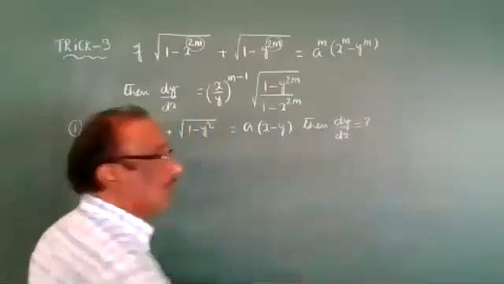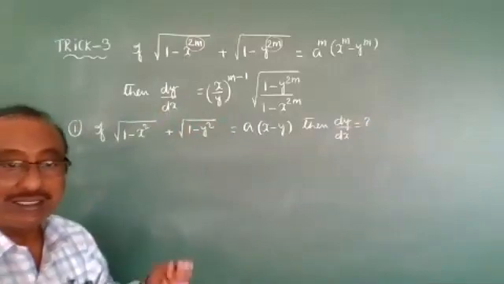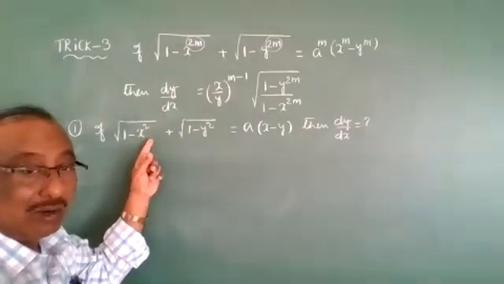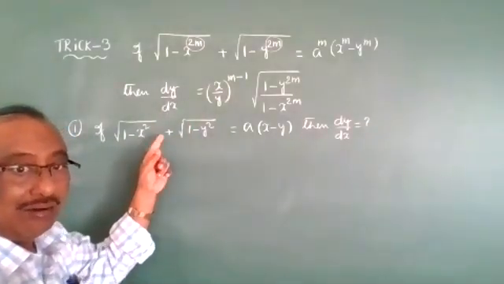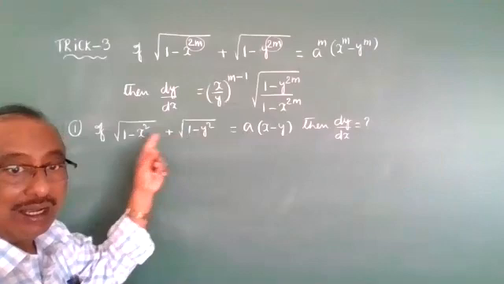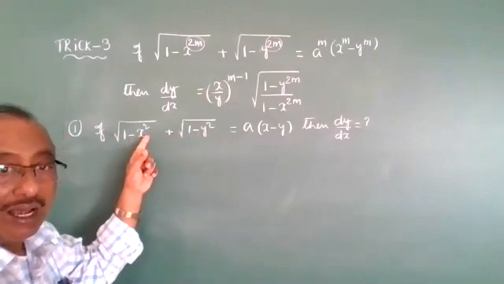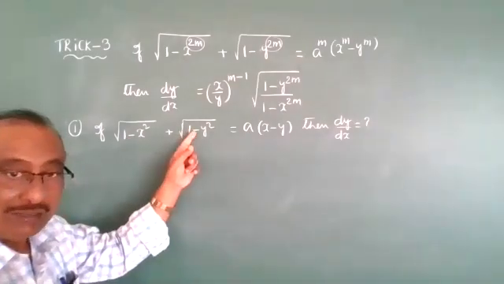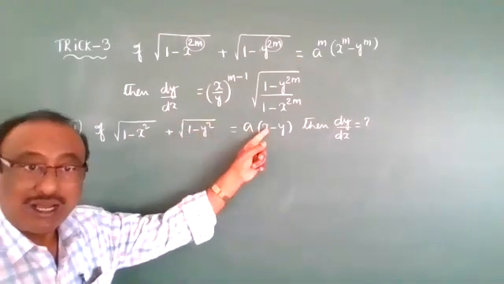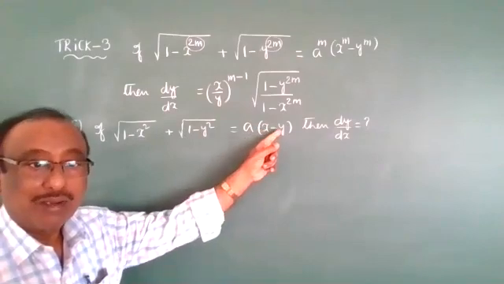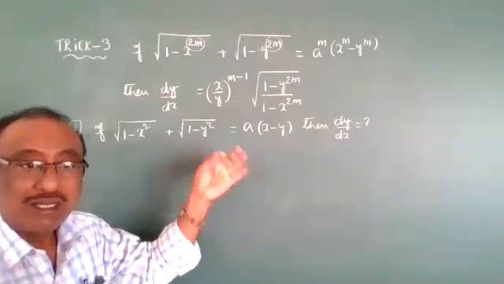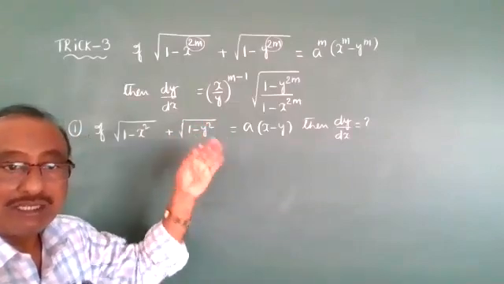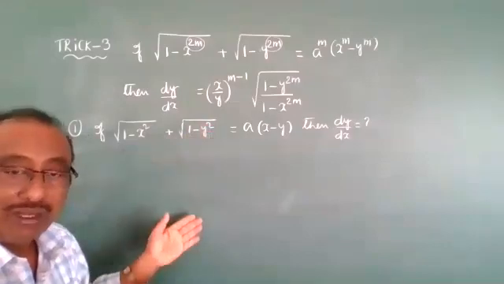This problem we do in the last exercise. Here x is equal to sine alpha, y is equal to sine beta, 1 minus sine square alpha is cos square alpha, so cos alpha, and here cos beta. a into cos alpha minus cos beta, using the transformation cos c minus cos d equals minus 2 sin of (c plus d) by 2 and so on, by simplification.